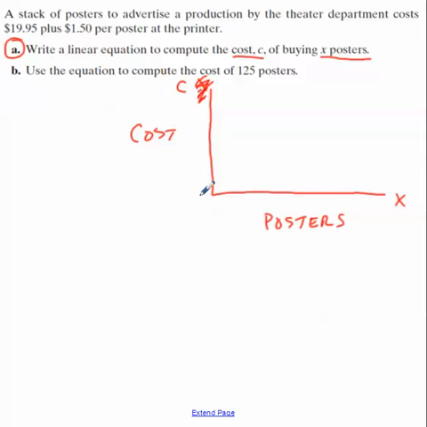So how many posters have you made? We've made 0 posters, x posters and C cost. We've had 0 posters and how much cost? $19.95 just to walk in the store, grab a business card and set it up.